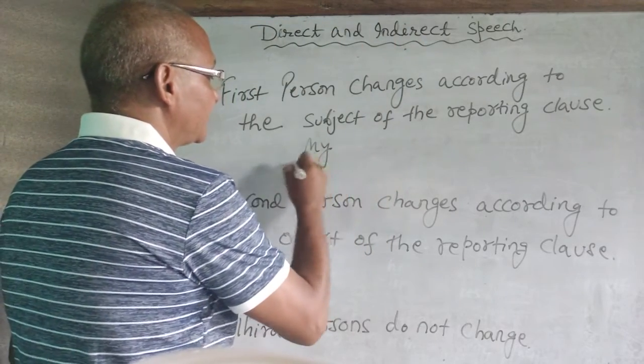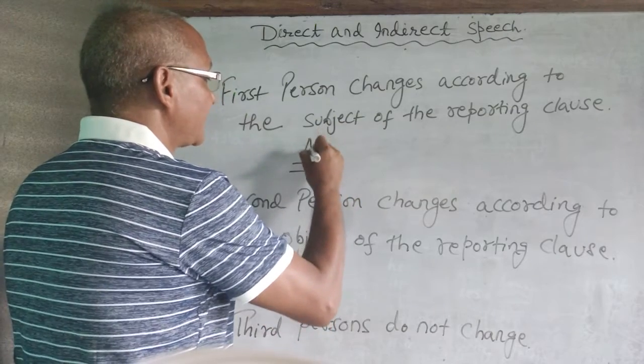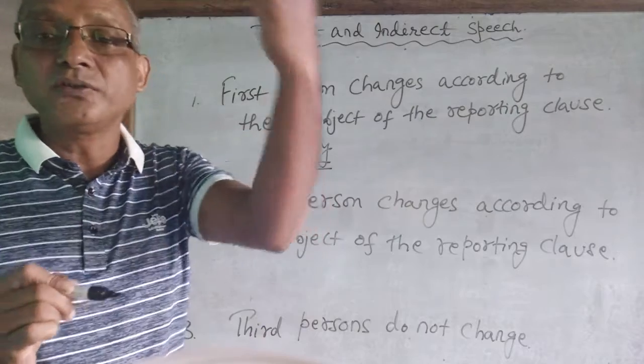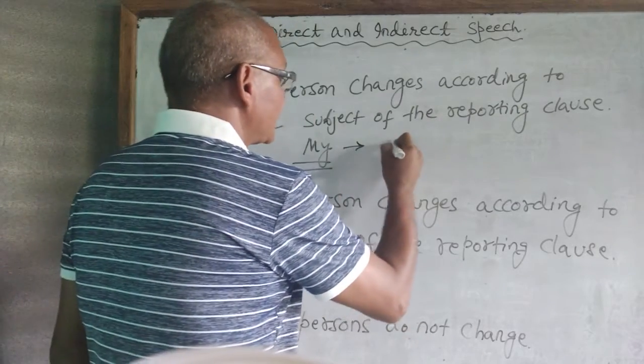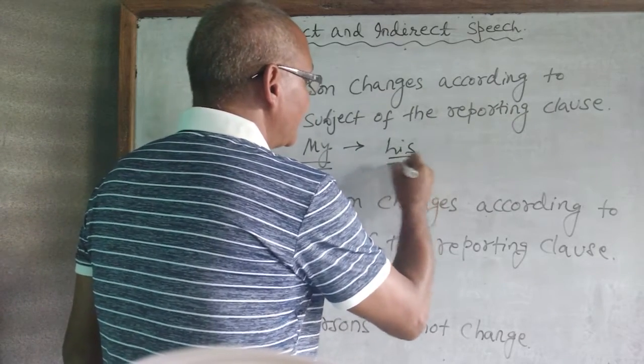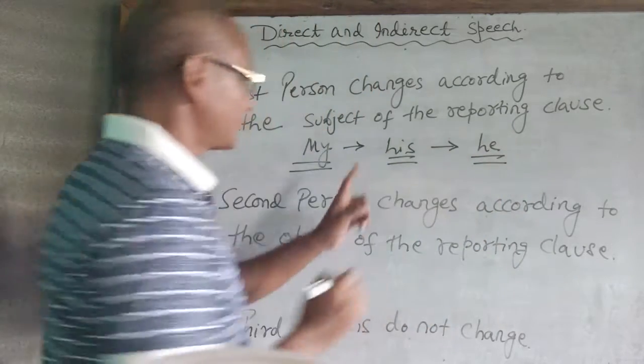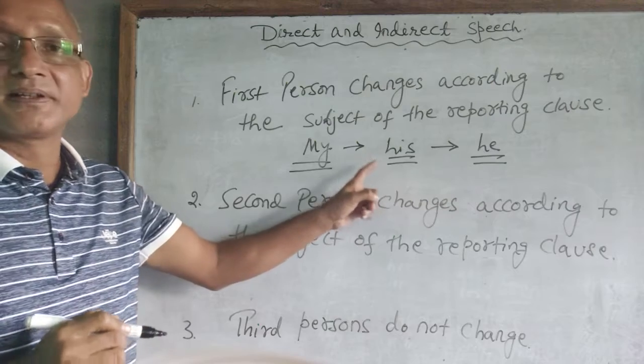So if you can go back, you see that my was there as the first person and then it changed to his because the subject was he. Let's please go back and see and you'll understand it.